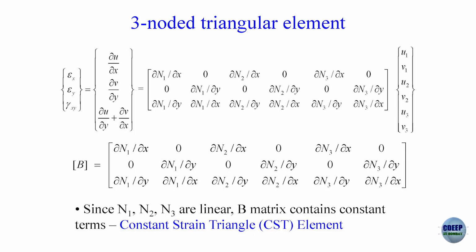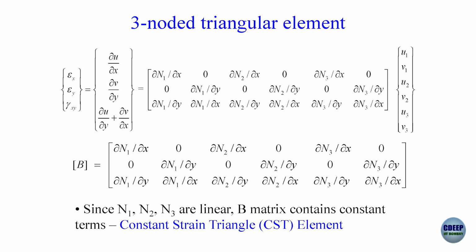3 node triangular element. So, the strains are going to be like this. Please read it and make sure you understand what I am writing out. It will be dou u by dou x, right? So, dou n1 by dou x, because u is n1 u1. If you want, I will write it here for you.